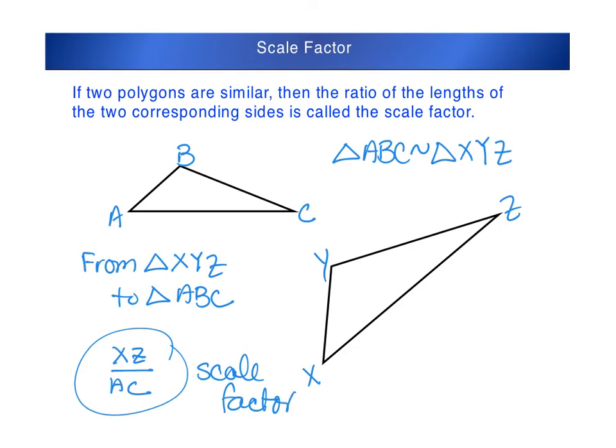Notice I'm comparing triangle XYZ to triangle ABC, and I could have used any of the sides that are corresponding. So the scale factor is also XY over AB, and it's also YZ over BC. And if the triangles truly are similar, all of these ratios will be the same ratio. And again, that's called the scale factor.